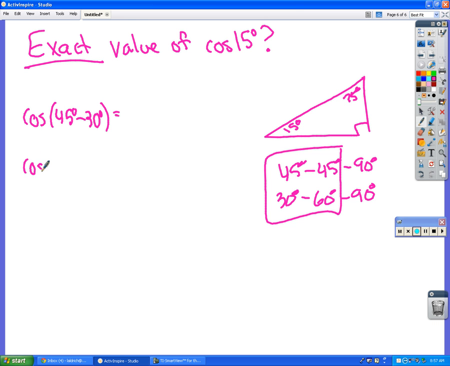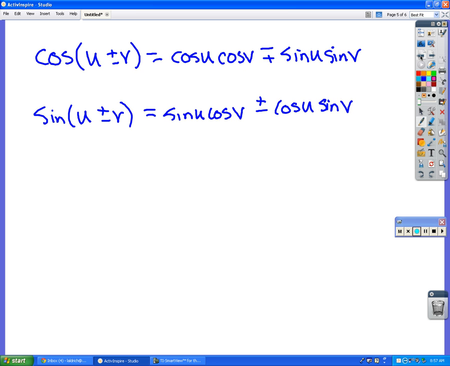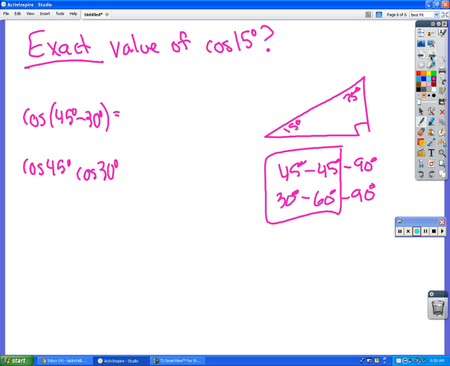Okay, so this is going to be the cosine of 45 times the cosine of 30 plus, right? Plus, because in the cosine formula, if you're adding, then you subtract. That's why you do it. Yeah, and if you're subtracting, you add. And since in this case we're subtracting, we're going to add. So it's going to be plus the sine of 45 times the sine of 30. Okay?